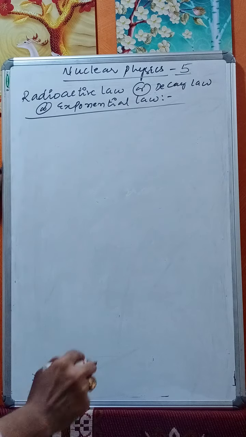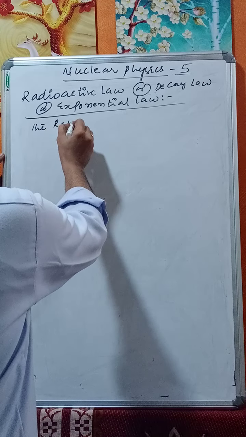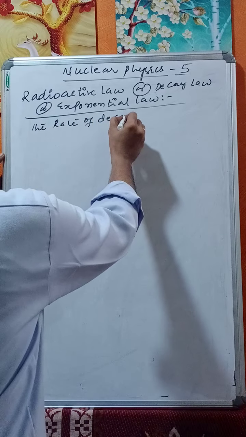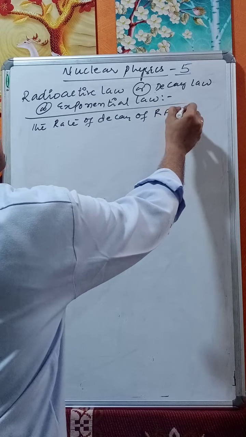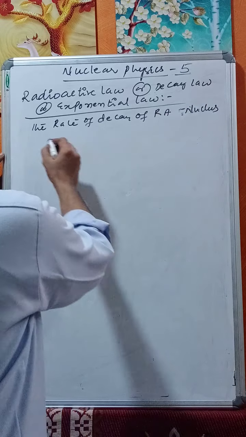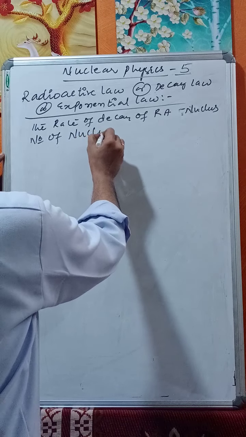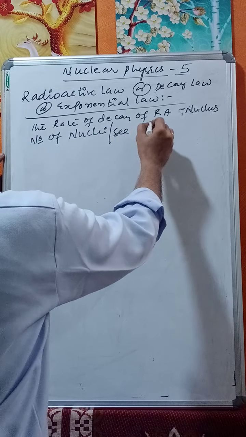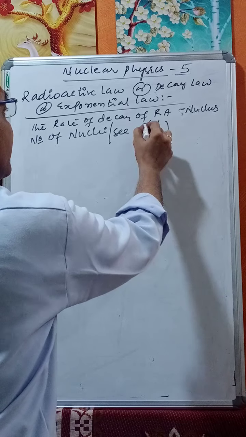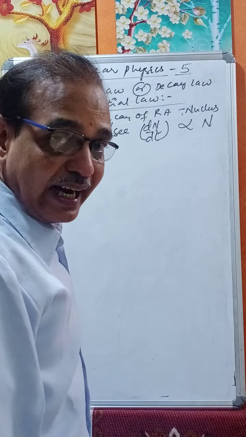Now what it says is the rate of decay of a radioactive element, or radioactive nucleus, or number of nuclei disintegrating per second, that is dN by dt, is directly proportional to the number of nuclei present at that time.